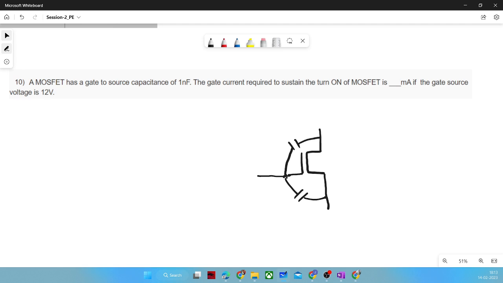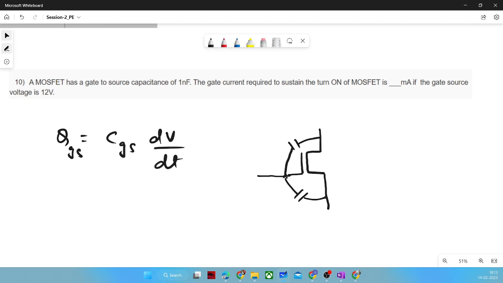And now the gate current required to sustain the turn on of the MOSFET. So that conduction period, let me write it. Q is equal to CGS into dV by dt.